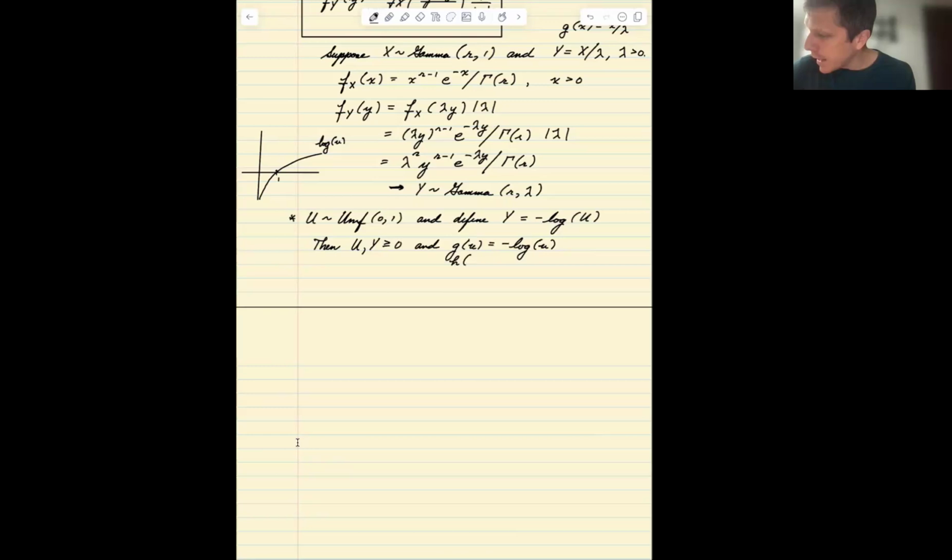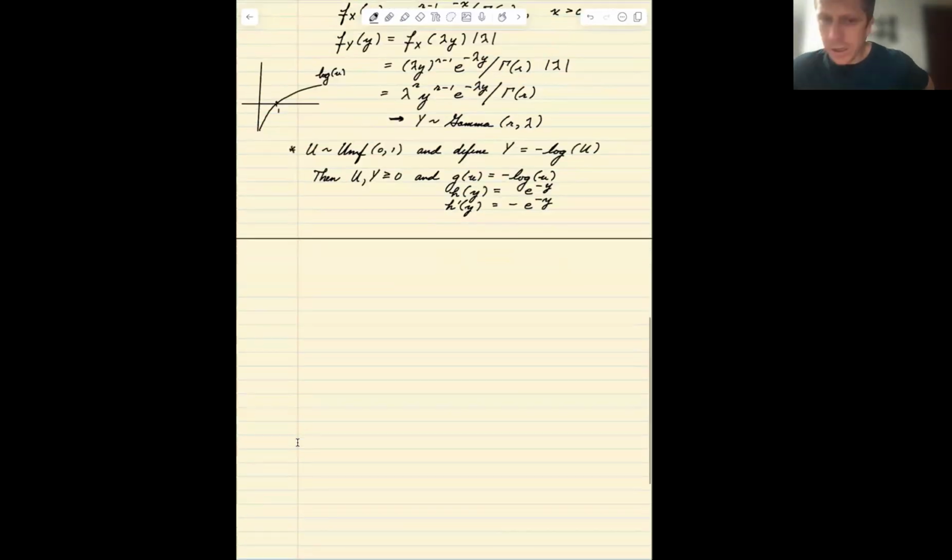When we flip it around, h of y is e to the minus y, right? To undo the log, well, first we undo the negative, then we undo the log by taking the exponential.